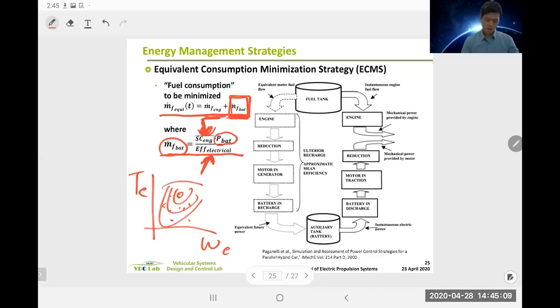And so we need to somehow come up with this number and then convert battery power into equivalent fuel consumption and compute the total equivalent fuel consumption. Is that clear? Any questions?